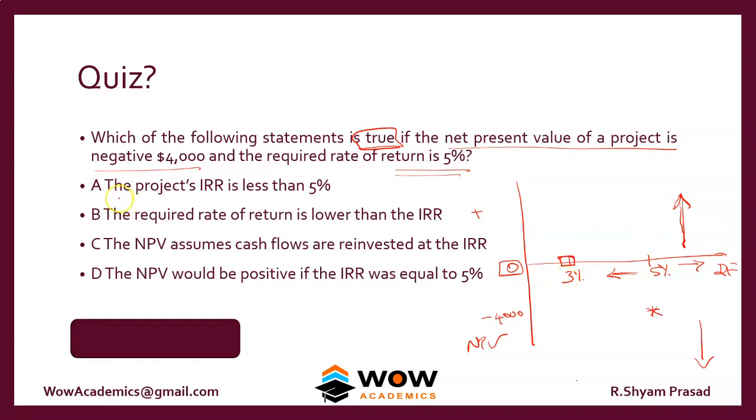At a 3% discount factor, we'll see that the answer comes to 0. So this is the IRR. Roughly we'll do it. So is this right? The project's IRR is less than 5%. Is it right? The project's IRR of 3% is less than 5%. The answer is right. Yes.